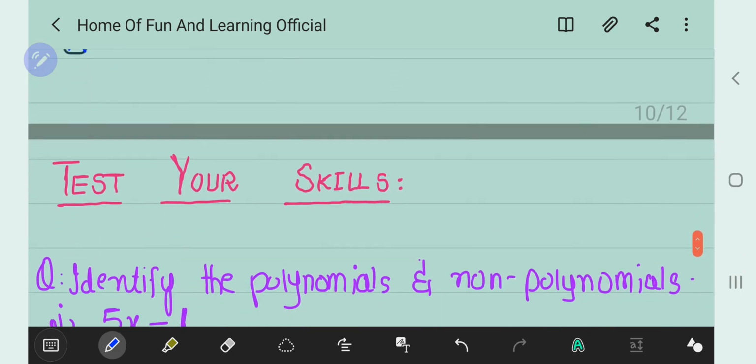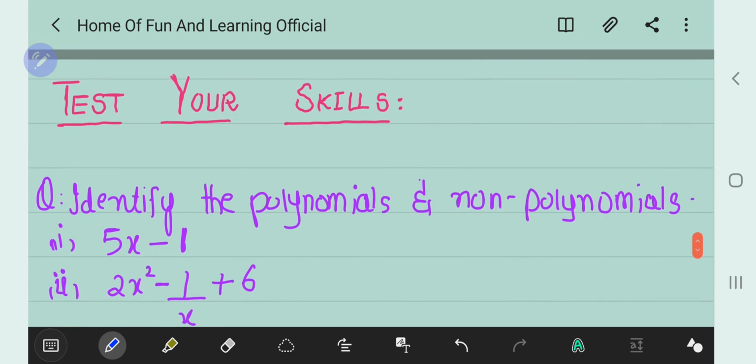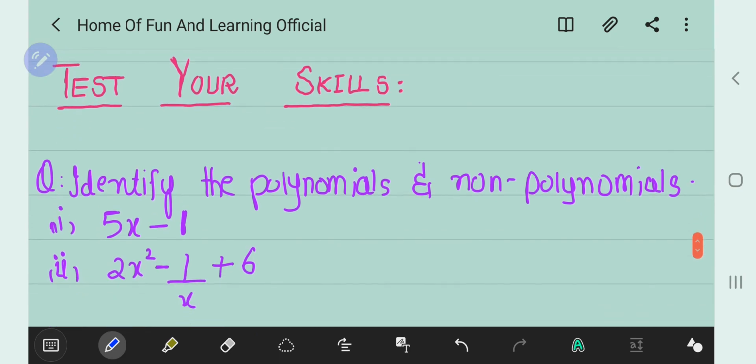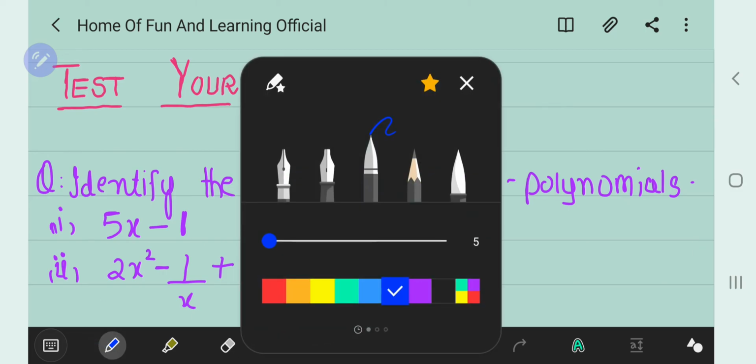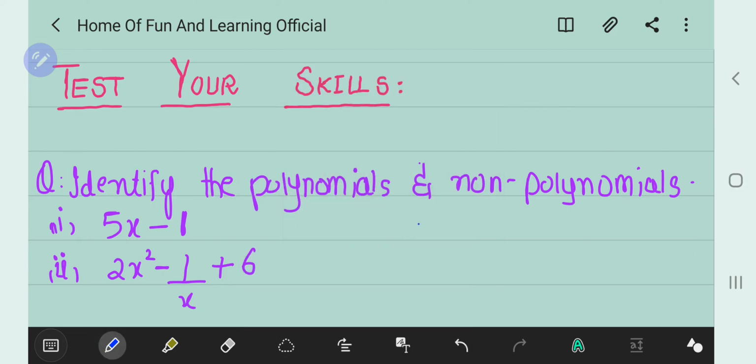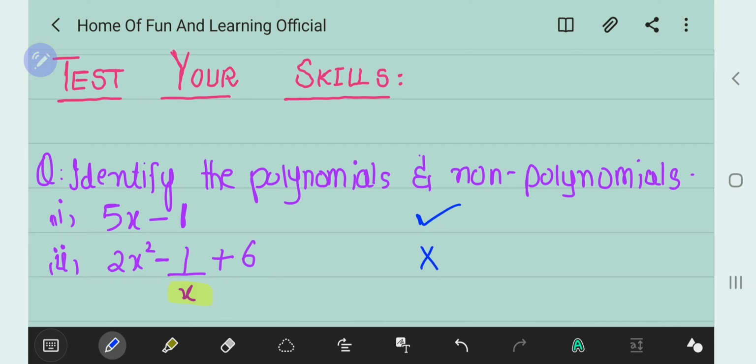Here we need to identify if these are polynomials or non-polynomials. The first one is pretty straightforward. It's a polynomial. The second one is not a polynomial because it has an exponent that is a negative power. That's a variable with a negative exponent, so that's not a polynomial.